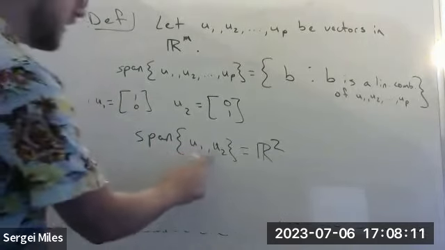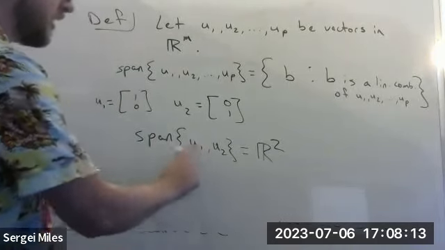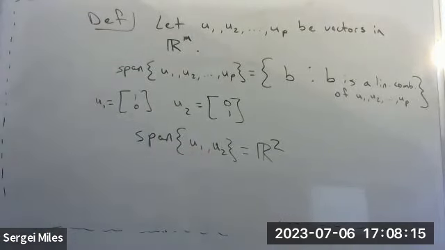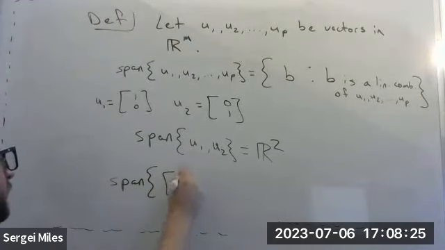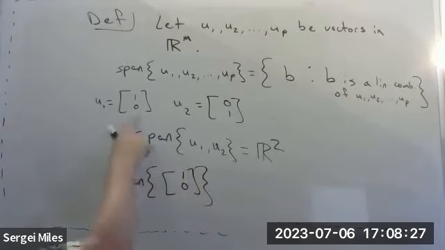However, depending on what vectors we pick, they may or may not span the entire space. For example, I could instead ask, what is the span of just the vector (1, 0), just U1? I'm not including U2.